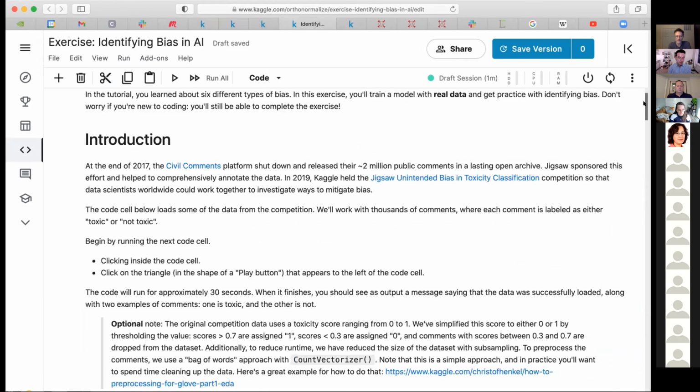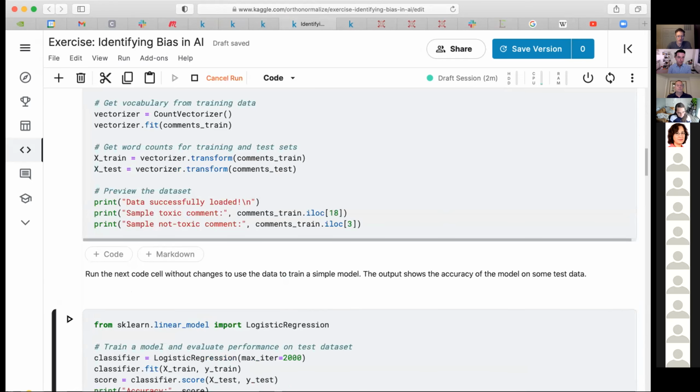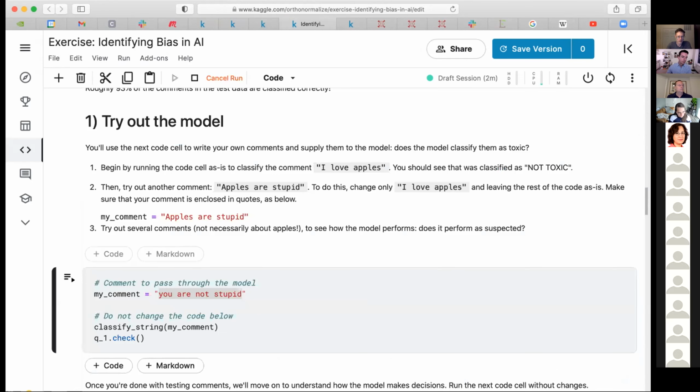I guess I can see if I can train this anew. And if you do a sentence such as the example they showed there, or apples are stupid, or you are stupid, or using the word stupid in the sentence, you're going to get it rated as toxic by the classifier.